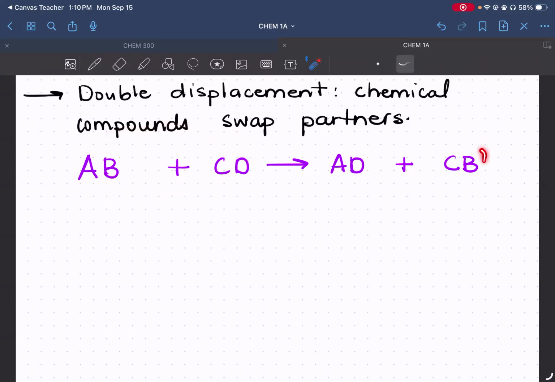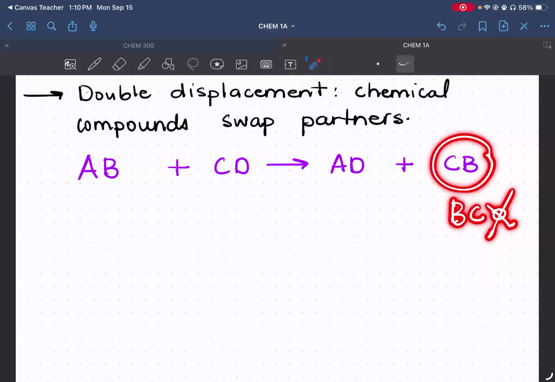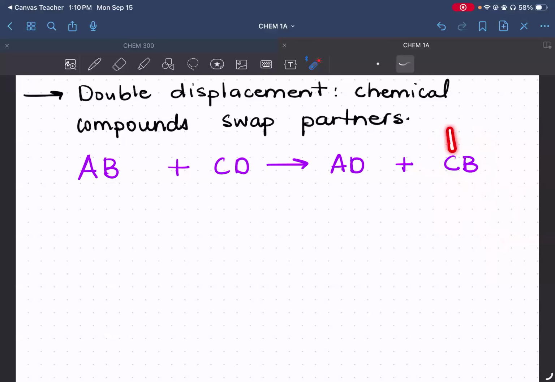Now notice that in this output on this product side, AD, well, that's in alphabetical order. But CB is not, meaning I did not write BC. I wrote CB. Think about why that is. Remember that cations are written first and then anions.